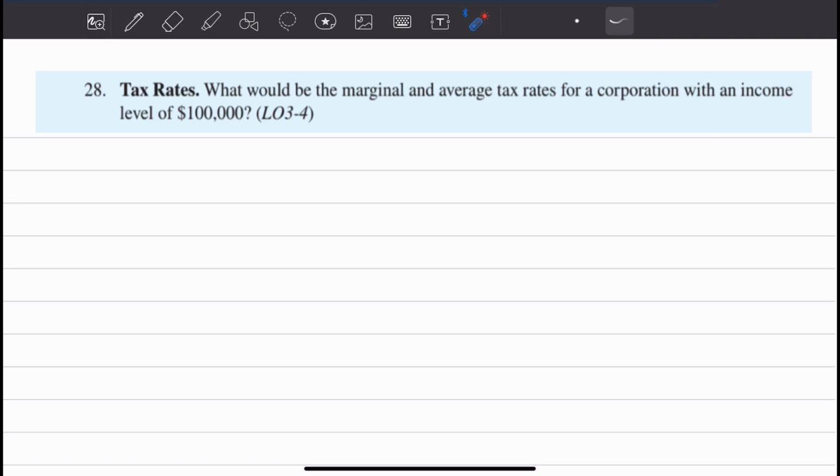In this video we're going to be looking at exercise or problem number 28, which is the last problem that we have selected for this chapter. This problem is a bit interesting because you do not really have all the inputs that you need to figure out the answers.